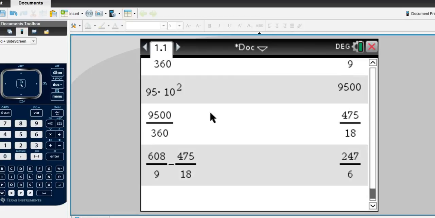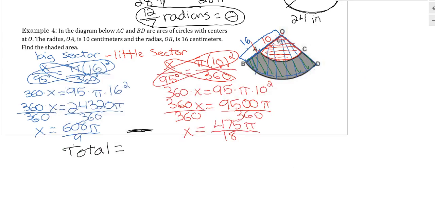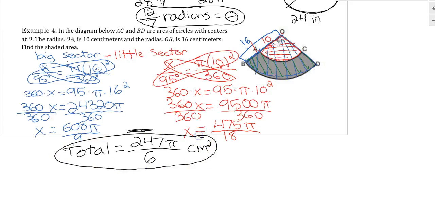Pi is still going to be in my answer. It's like x: 5x minus 2x is 3x. So I'm still going to have that pi. So it's 247 pi over 6 centimeters squared. All right, that is it.